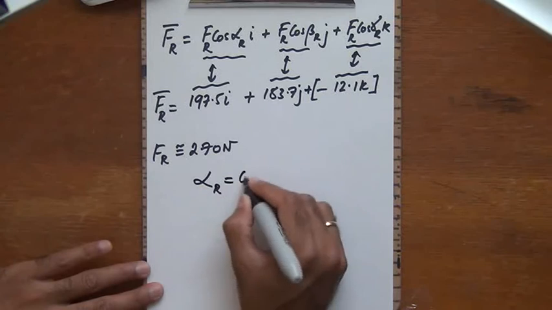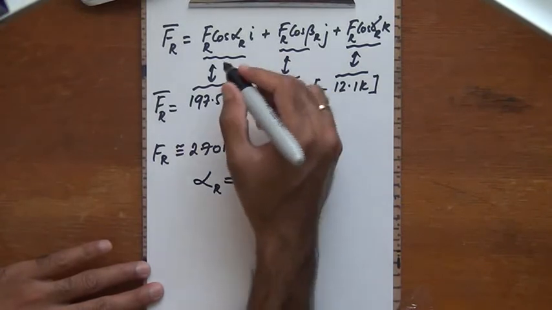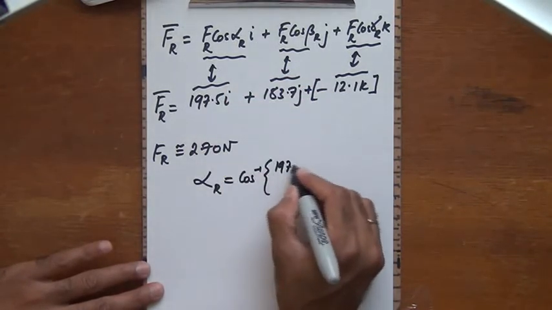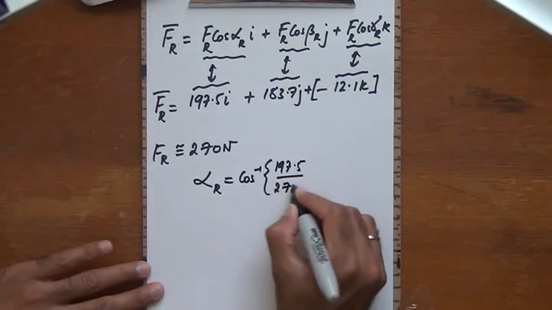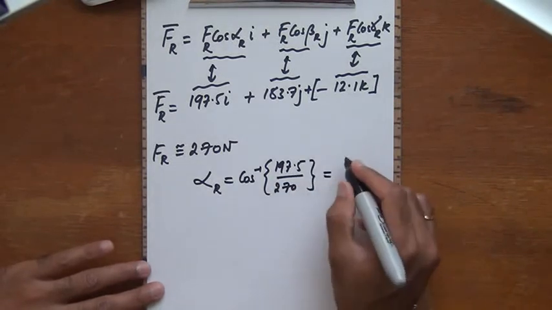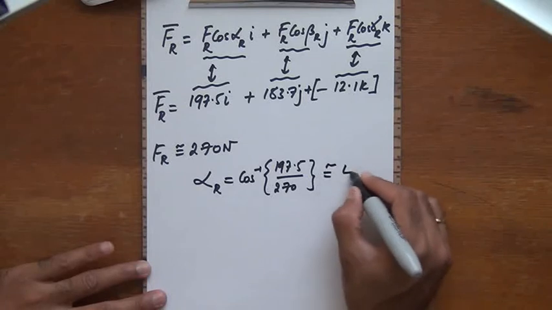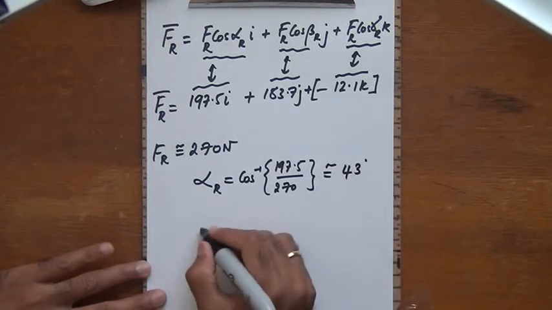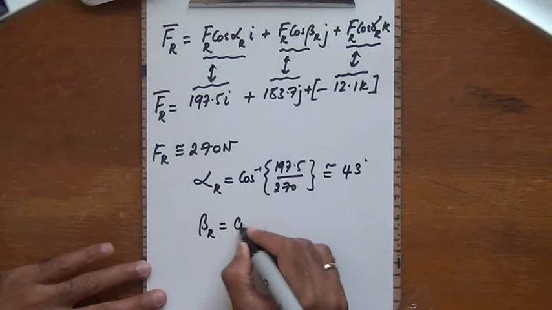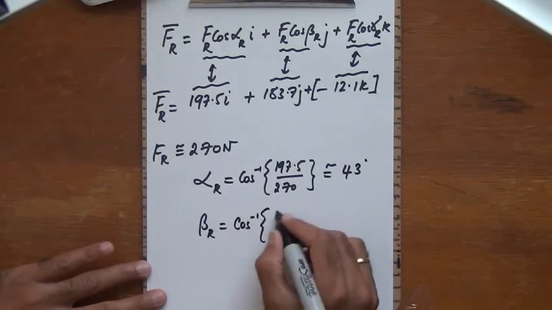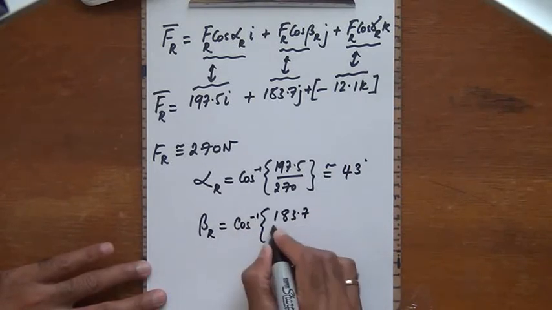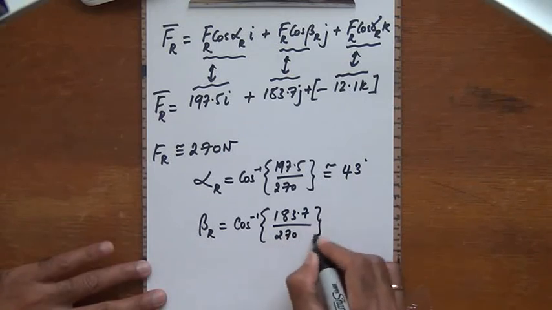Alpha r is cos inverse of 197.5 by 270. This is an acute angle. This is going to be approximately 43 degrees. Beta r is cos inverse of 183.7 divided by 270.